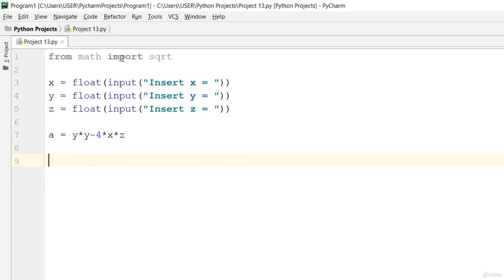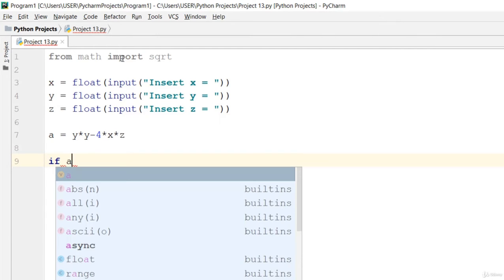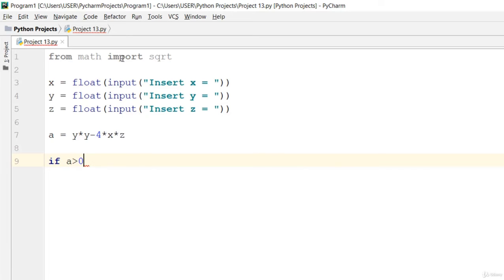Let's go ahead and say if a is greater than 0.